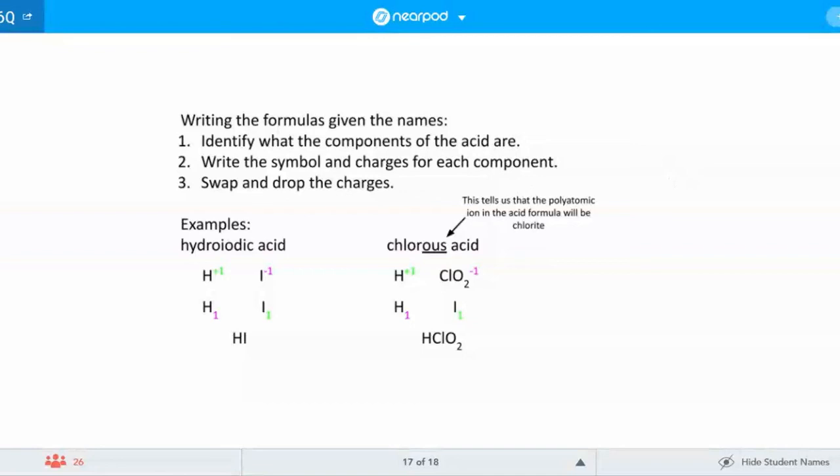And we know the formula for chlorite is ClO2 with a charge of -1. So we would crisscross those charges. There's a typo here too, and you would get H1 ClO2 1. Ignore that I, I'll fix it. And when we combine those, we end up getting HClO2 as our final formula.